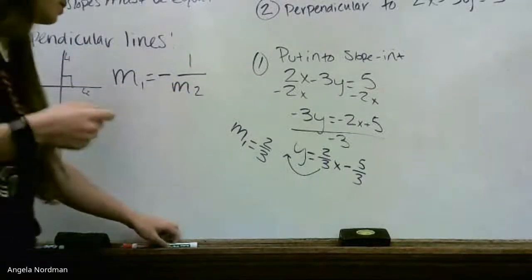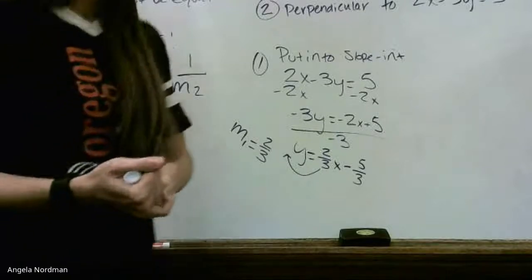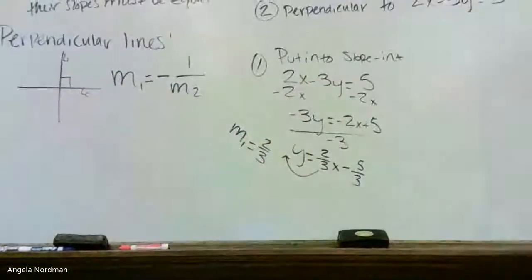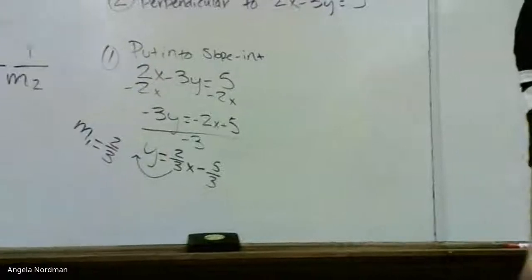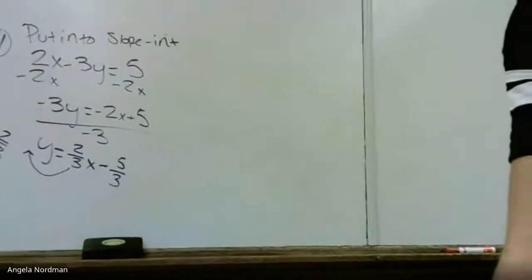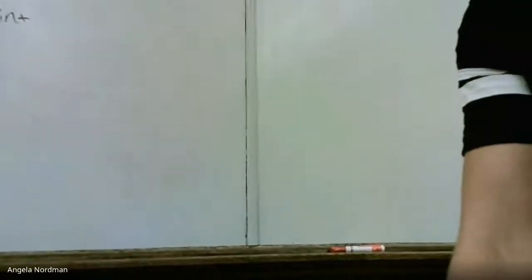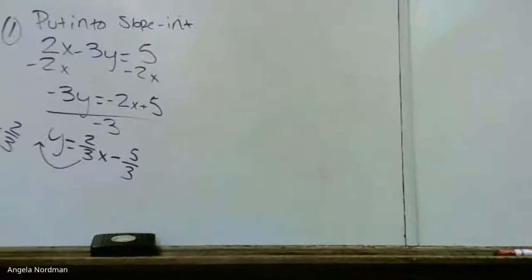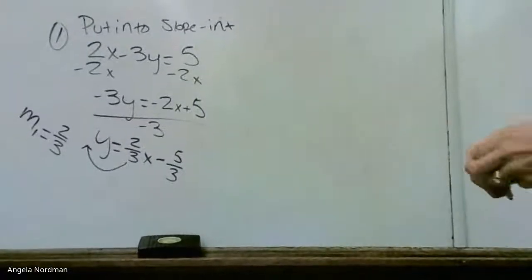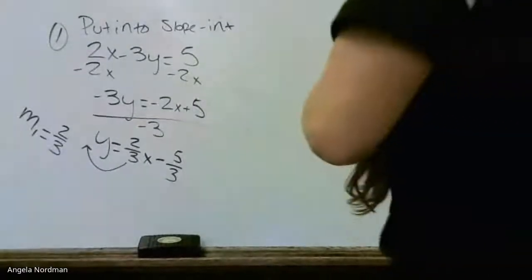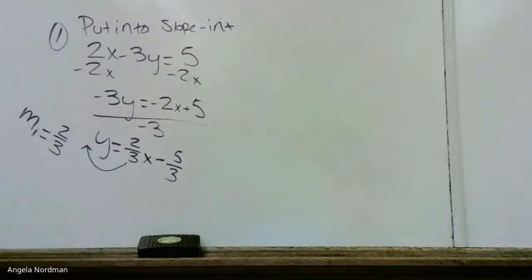Okay, so we're going to take that information. Remember, we're working on the parallel line right now. We're going to take all that information over here. All right, so slope is 2/3. So what I'm going to do with that is figure out what is a slope that's parallel to that.